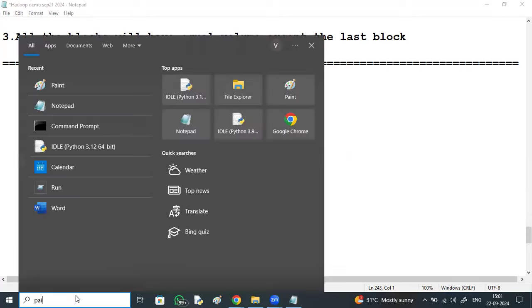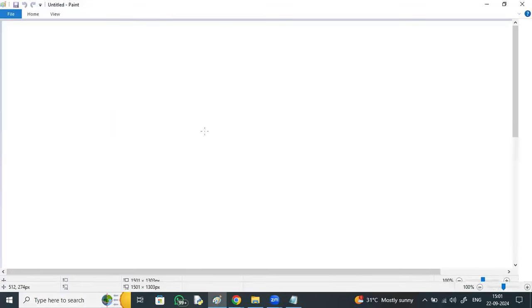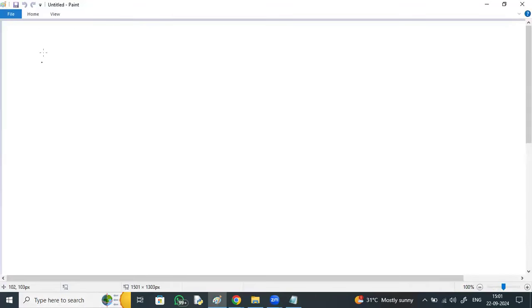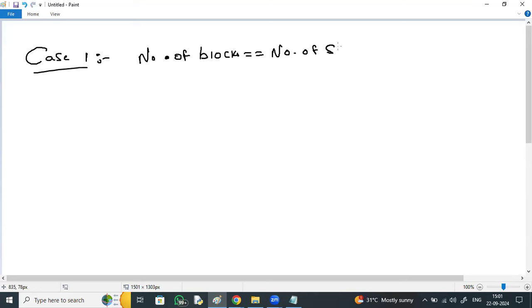Observe this. Case 1: if the number of blocks is equal to the number of slaves, means the slave systems.